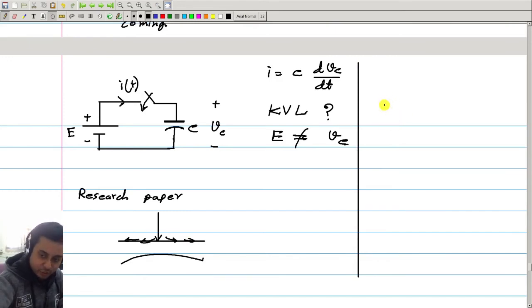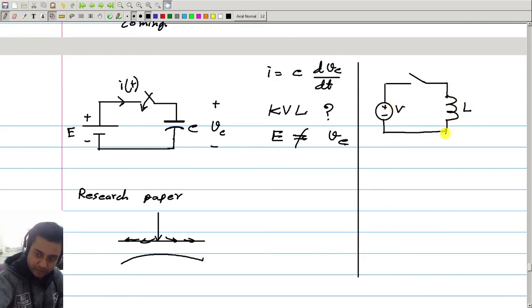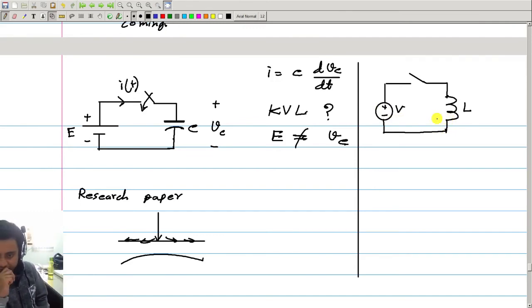Let me understand your question. Suppose you have a voltage source, and we connect this to an inductor. If this is V, and this is L, what will happen? In this case, no energy is lost, meaning energy supplied by the voltage source is equal to the energy stored in the inductor. Energy supplied by the voltage source is the integral of VI.